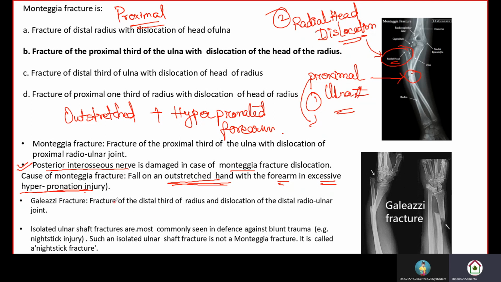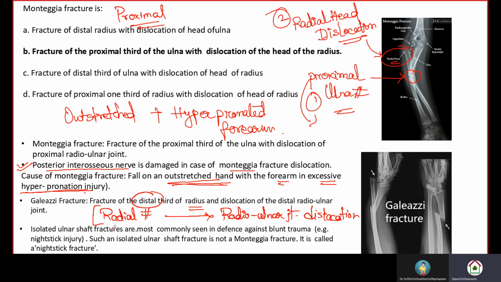But in Galeazzi, it starts from a radial fracture, leading to radioulnar joint dislocation. The whole thing is occurring in the distal.